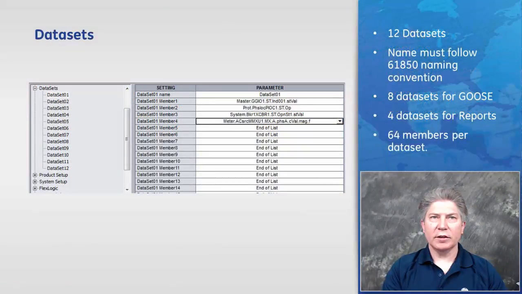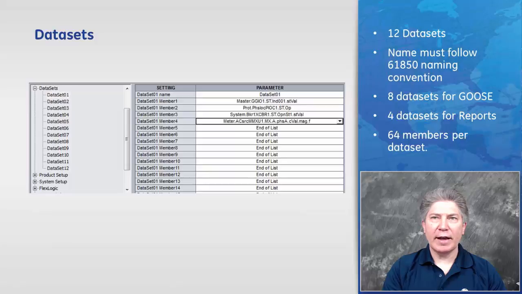Next, we'll look at the data sets. There are 12 data sets that are shared between the reports and the Goose Messages. 8 are assigned for Goose Messages, 4 are assigned for the reports. Each data set has a factory default name associated with it, or you can rename it. This is the dataset name you're going to need to reference when you're programming the subscription portion of the IEC programming.